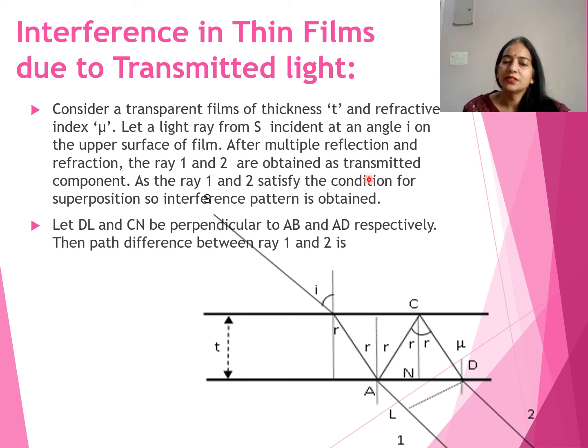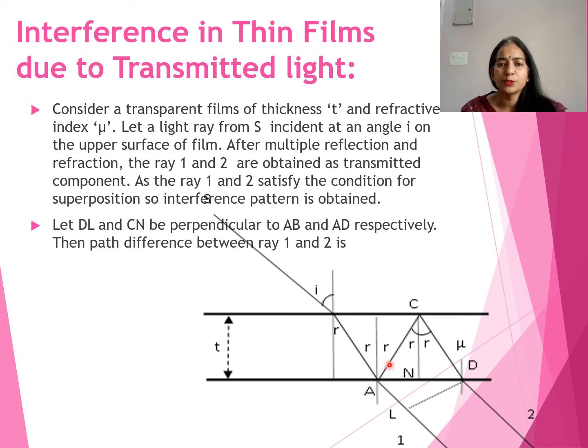In the previous derivation, we used the reflected component, and here we use the transmitted component because rays 1 and 2 are transmitted light. Let DL and CN be the perpendiculars on AB and AD respectively.